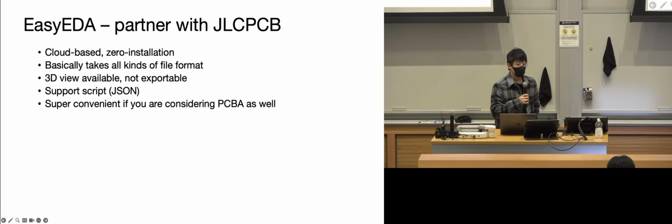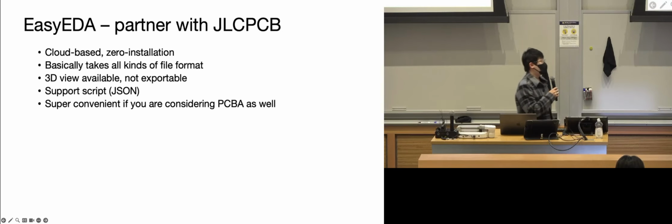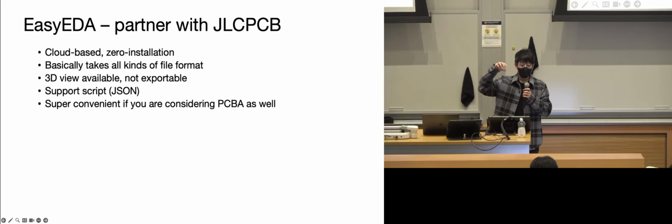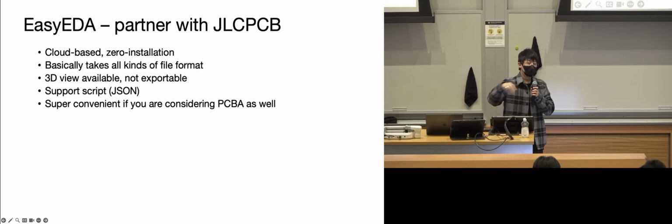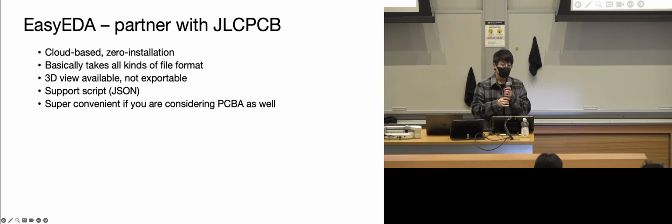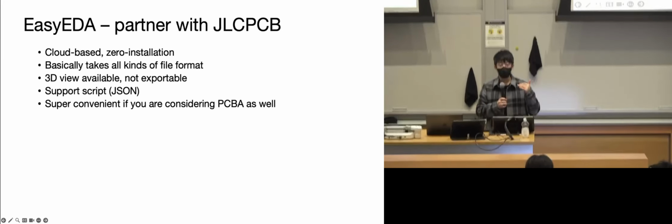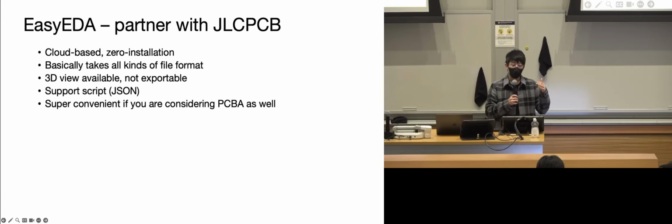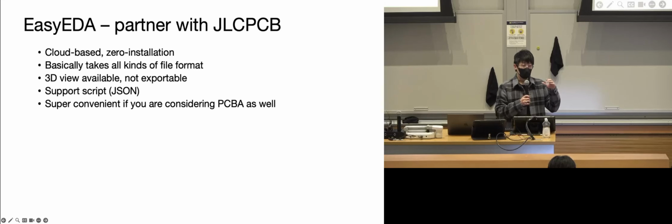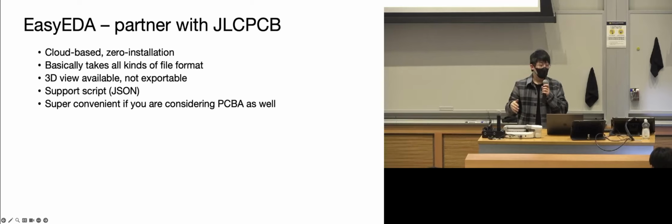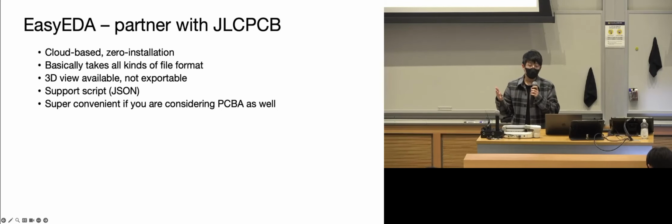And a huge plus is if you're considering PCBA, which means PCB assembly, where essentially someone helps you solder all the components. For the PCB assembly service, this is actually quite a good tool because it gives you almost real-time stock information of JLCPCB. So when you do your board design, you know exactly which components are currently available in their stock, or which ones you need to order in advance.